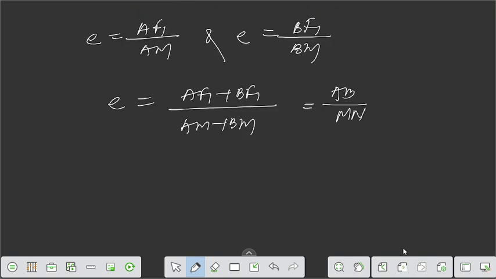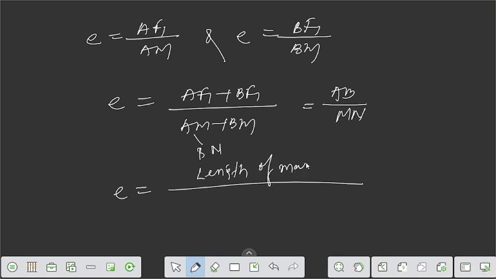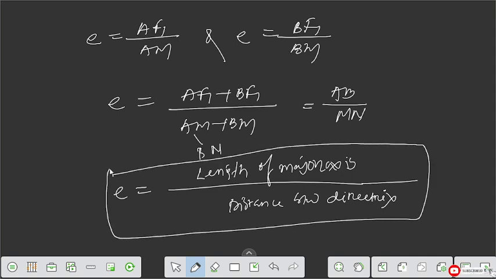So in this way we can write AB, the length of the major axis, divided by the distance MN, which means the distance between directrices. This is another formula.